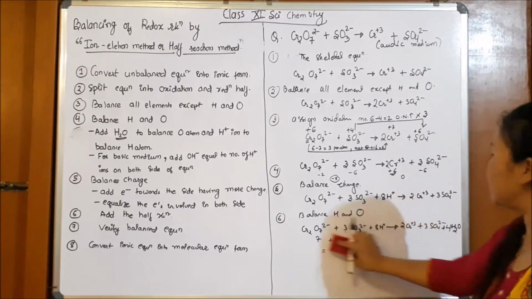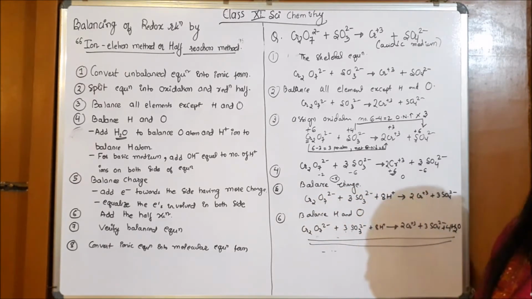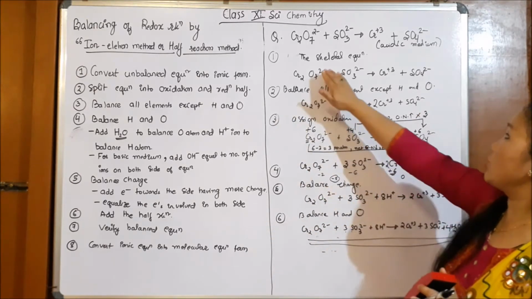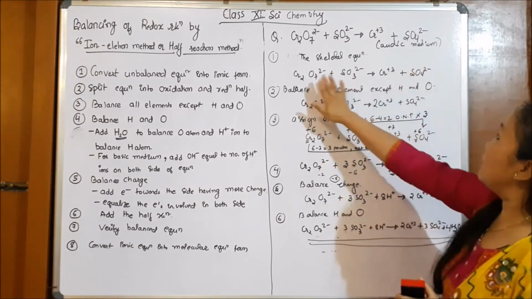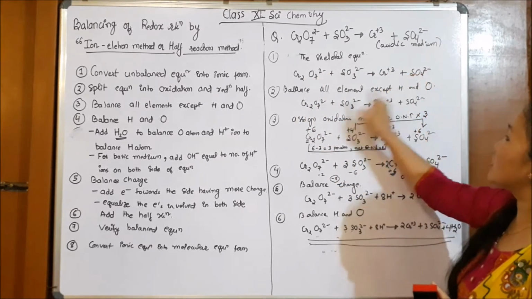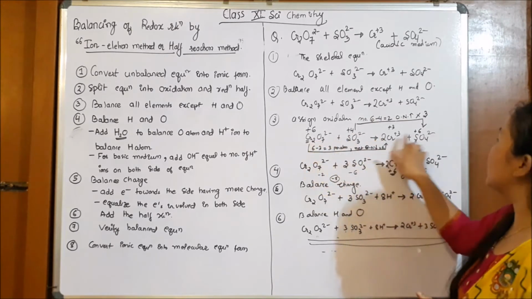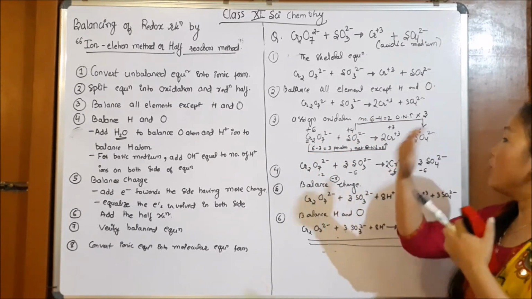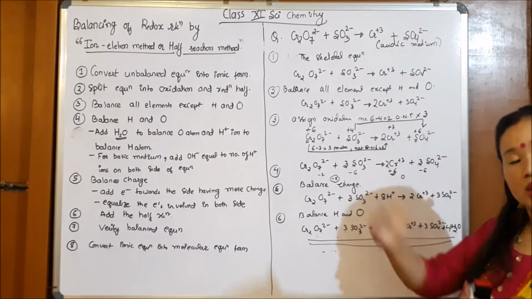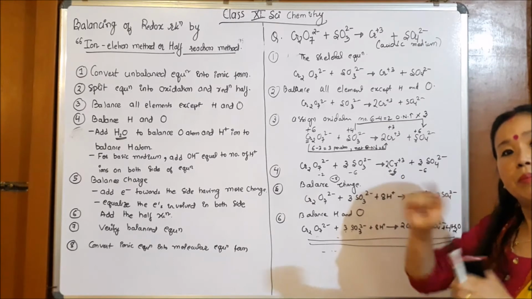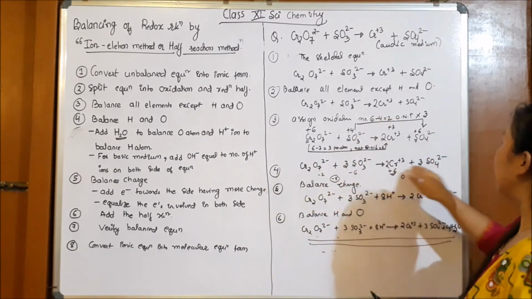This is how you balance your equation by the oxidation number method. Again, let me repeat. First, you need to write down the skeletal equation. Now balance all elements other than hydrogen and oxygen. Next step, you need to assign oxidation numbers. Now check the increase or decrease in the oxidation number, and make this increase or decrease the same by multiplying by the required number. Then you will get the required equation.